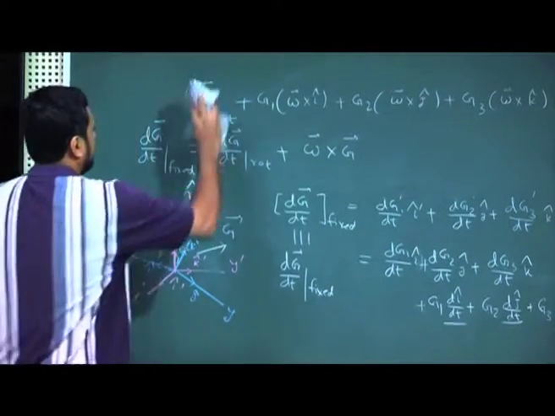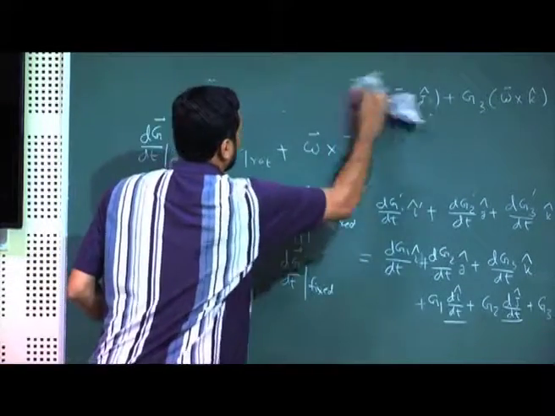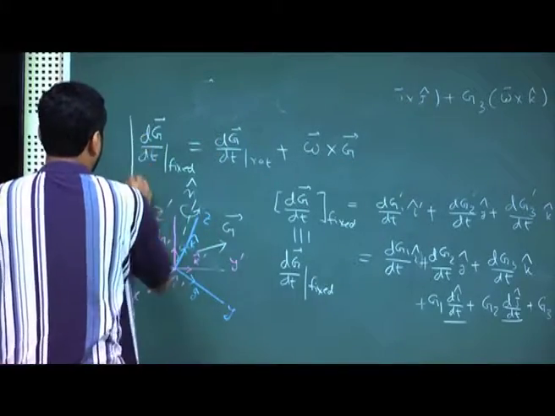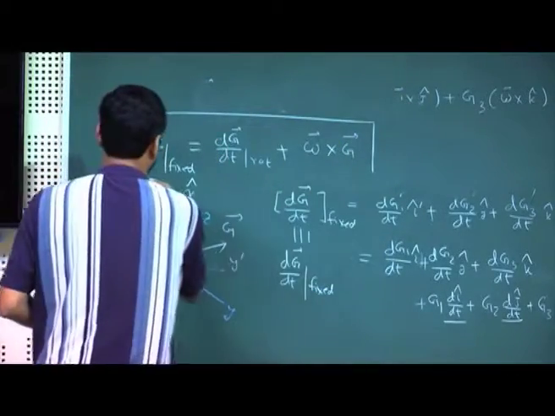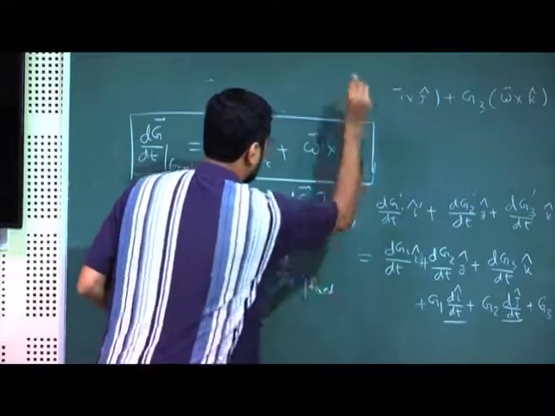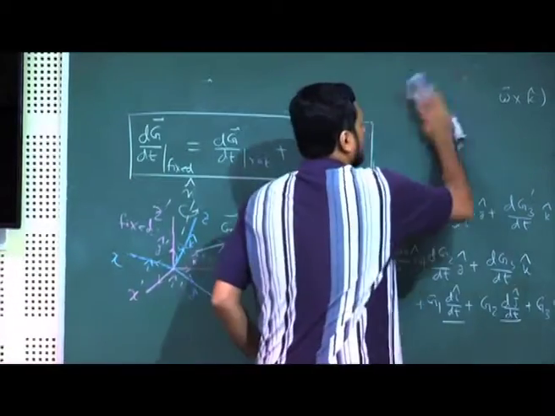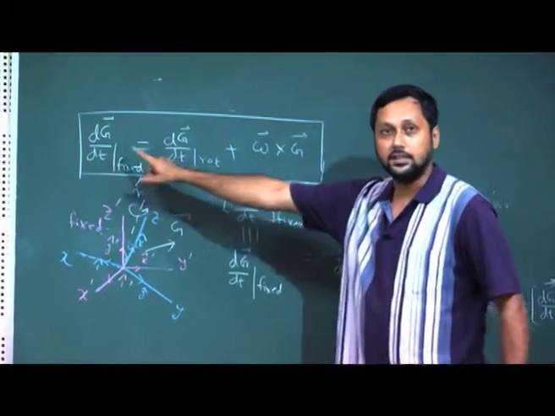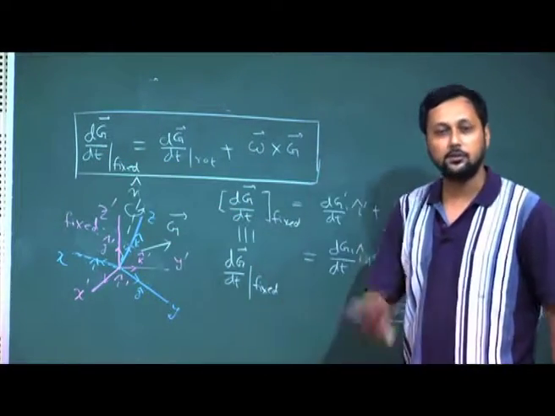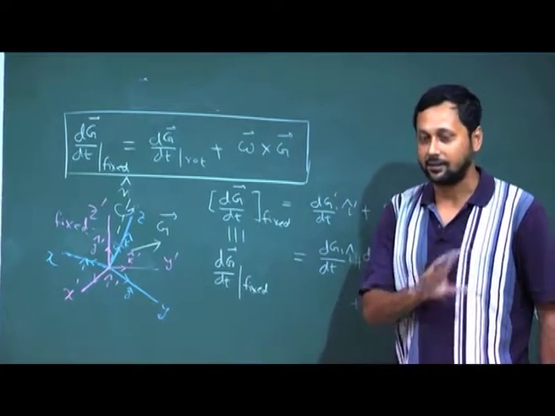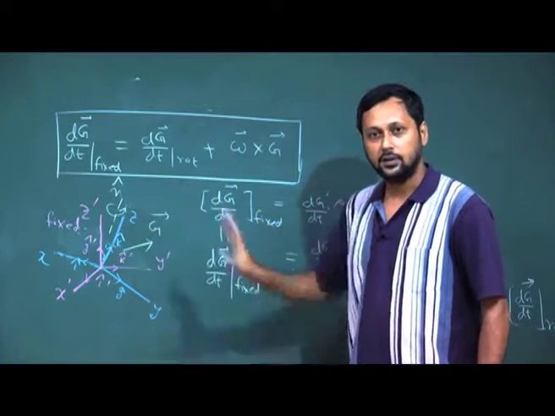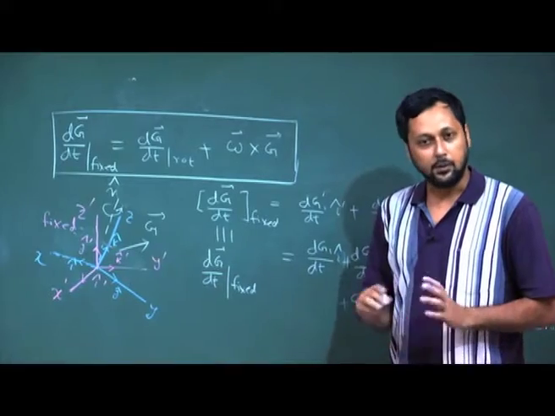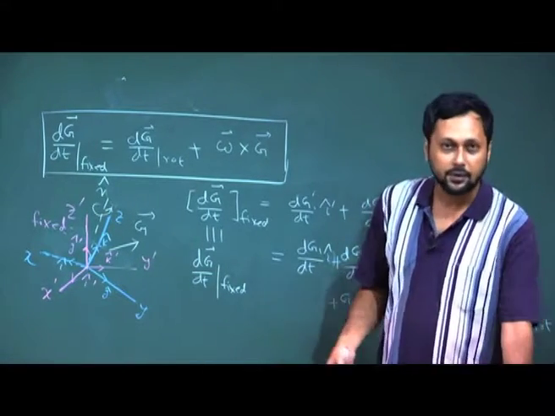So, we finally get the very important relation we are looking for. Please note that it is derived for a general vector g. We have not assumed any specific properties or character of g. So, that means it will be true for any arbitrary vector in 3-dimensional space.